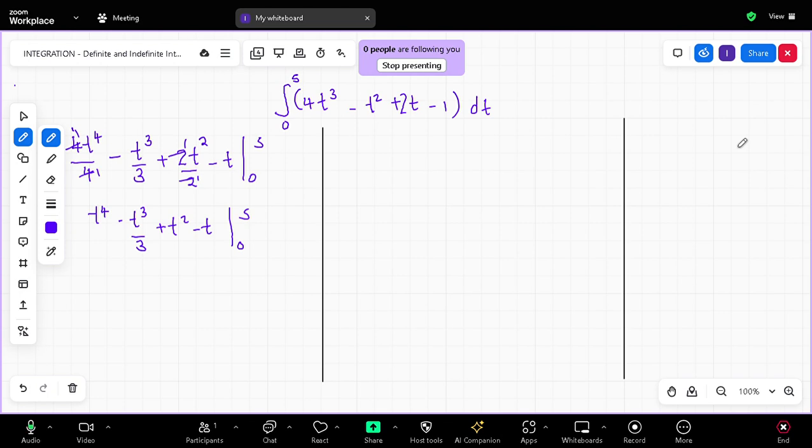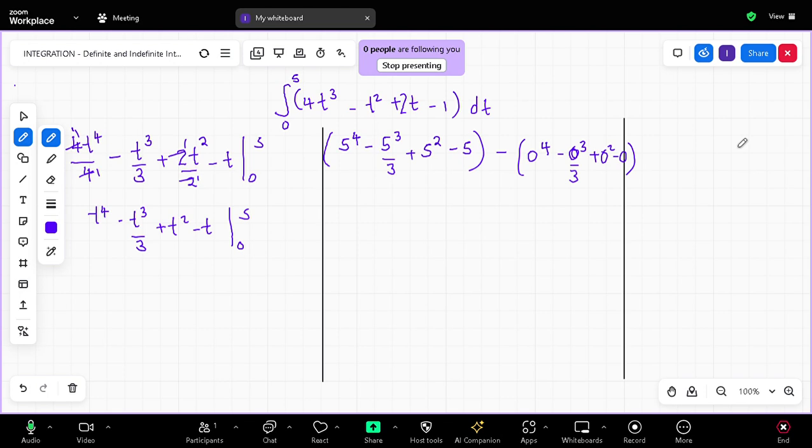So we substitute t with 5, so that becomes 5 raised to power 4 minus 5 raised to power 3 over 3 plus 5 squared minus 5. That is the upper limit. Then we subtract the lower limit, which is 0 raised to power 4 minus 0 power 3 over 3 plus 0 squared minus 0.